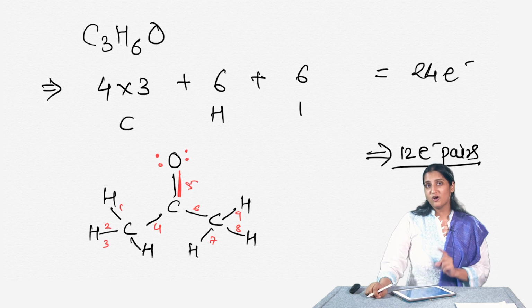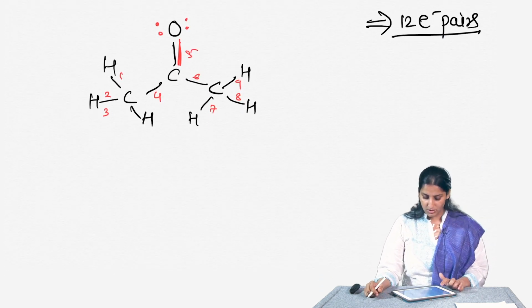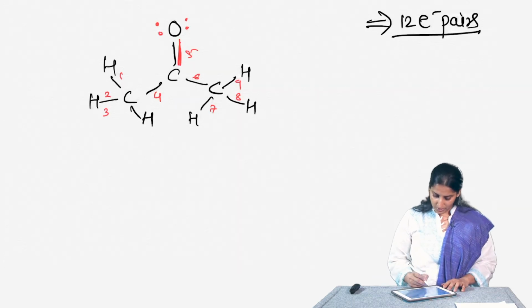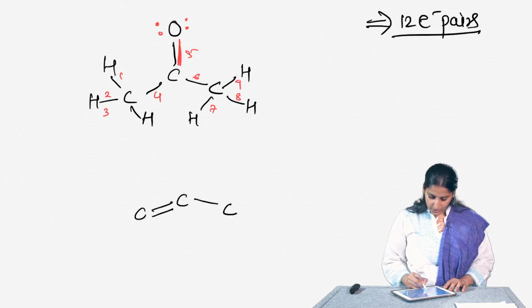But remember, this is not the only structure that is possible. So, let us now draw one more structure which will really satisfy the rules. So, now I can put electrons between the two.